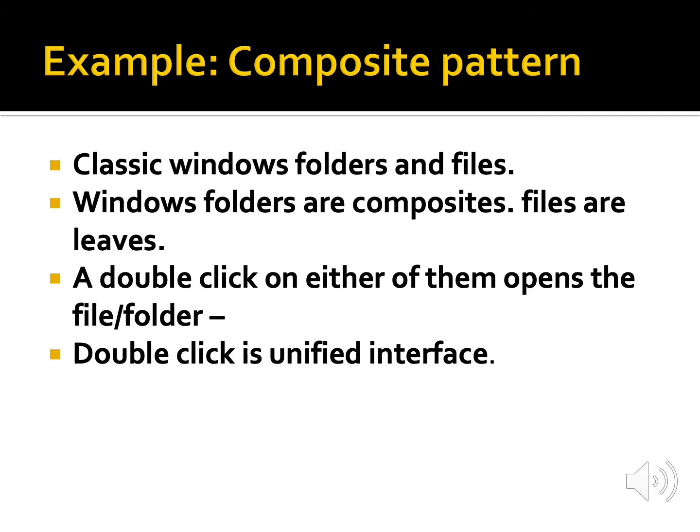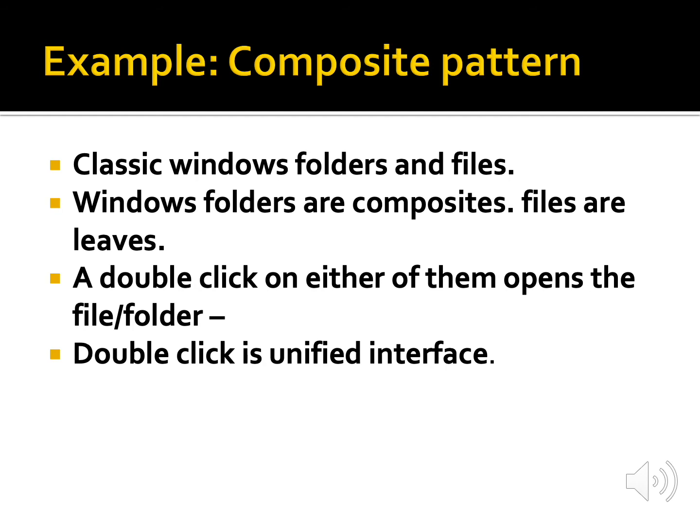So classic Windows folders and files are also examples of information in hierarchical form. Windows folders and files are composite. Files can be leaves because they may not contain any further folder, subfolder, or files. But you can see that a double click on either of them opens the file or folder; the same operation is used.